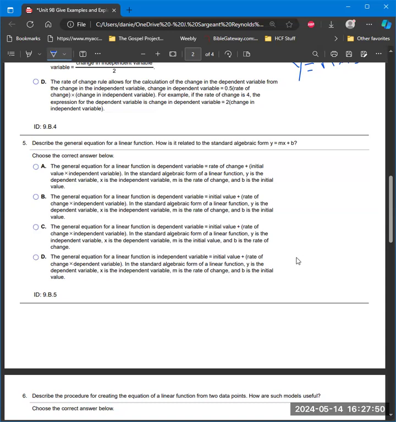In the standard algebraic form of a linear function, y is the dependent variable, x is the independent variable, m is the rate of change, and b is the initial value. So it's very close to this. It's just that instead of saying mx plus b, they would say b plus mx, but it's a little bit further away from the point slope form I started off with a second ago.